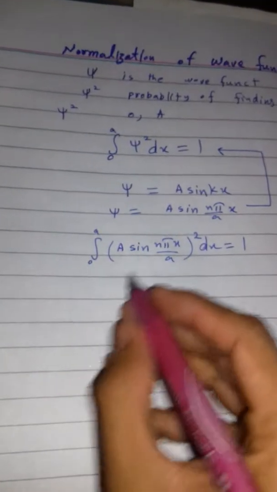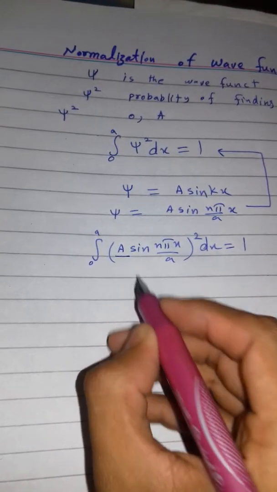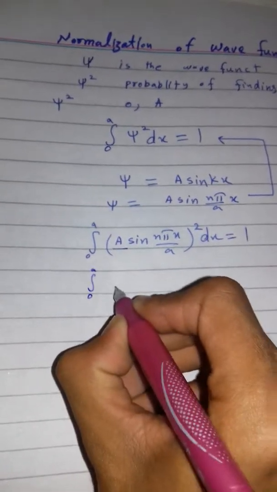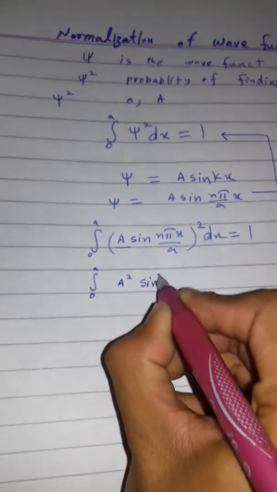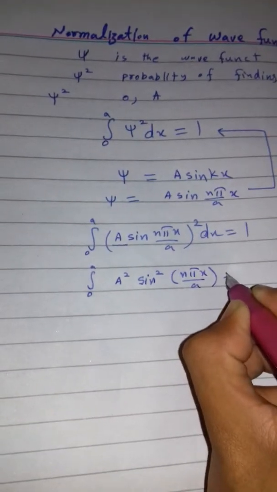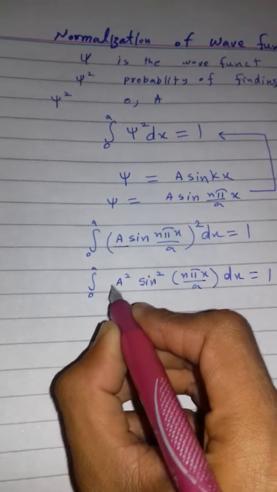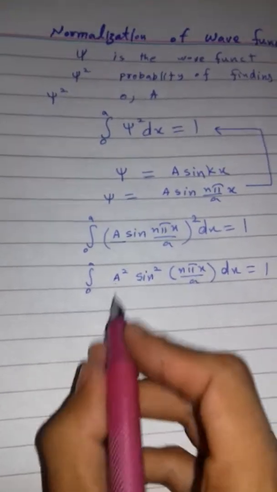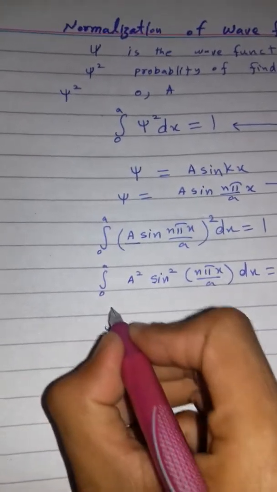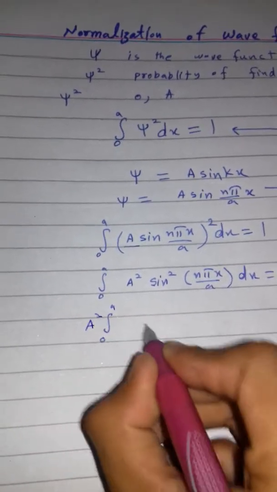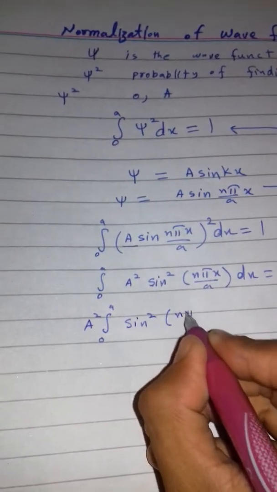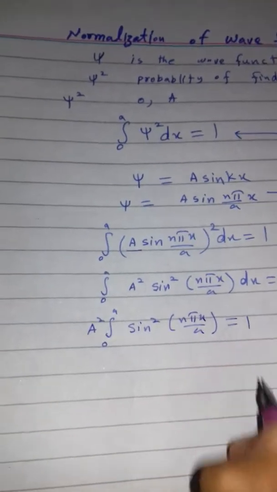Now next is the constant. A is the constant. First we open the square: A² sin²(nπx/a) dx is equal to 1. A is the constant, so it goes out of this expression: A² times the integral of sin²(nπx/a) is equal to 1.